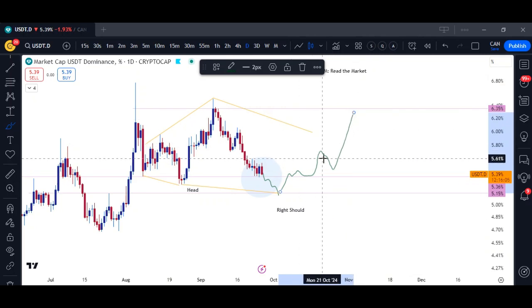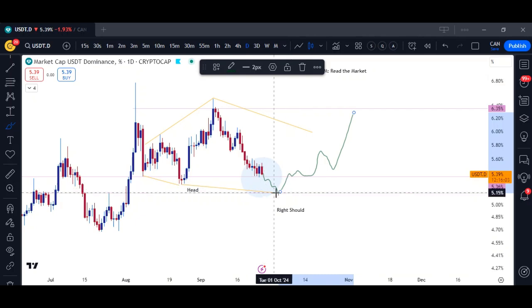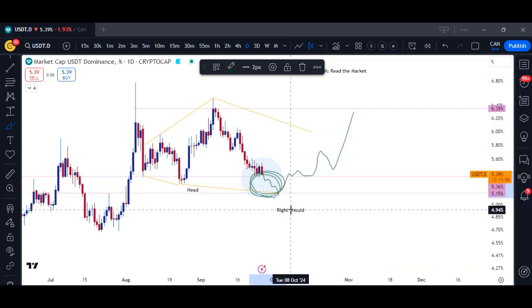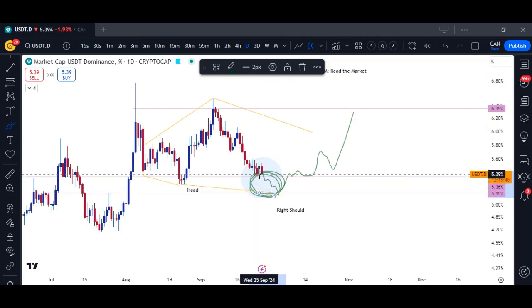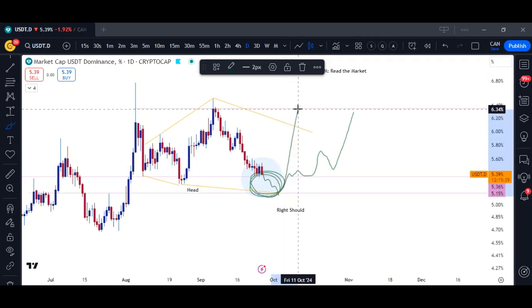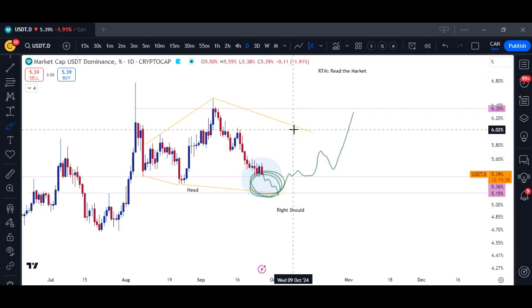Now in that case, this area could be a space for some altcoins which are lagging behind to grow a little bit, and some short covering happening here, okay, and then more shorting positions will be opened around here to actually pull the price all the way to this area.